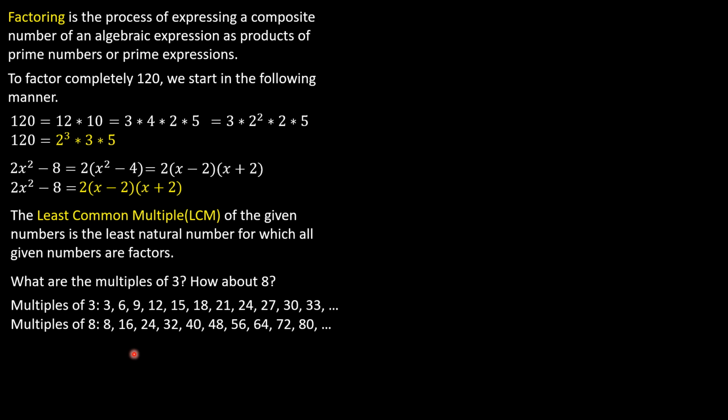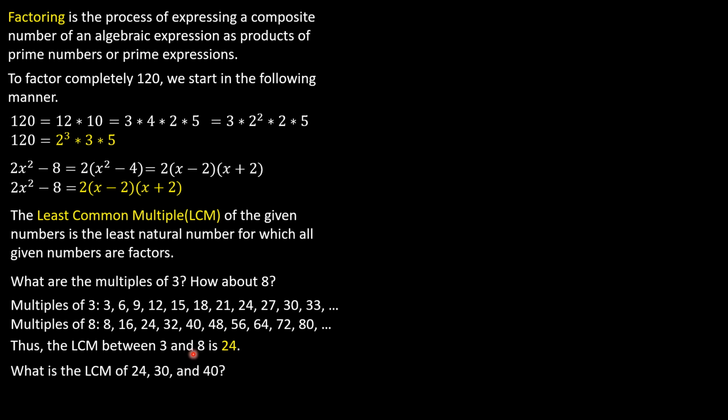So that's the technique. Now, how about if the numbers are relatively larger? The technique is demonstrated in the following example. So the LCM between 3 and 8 is 24.